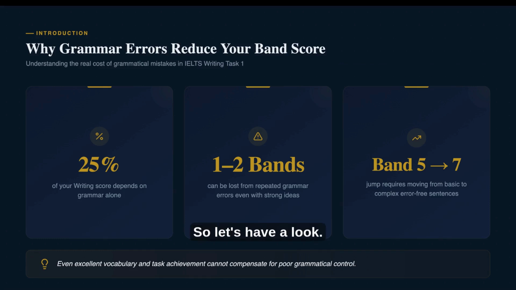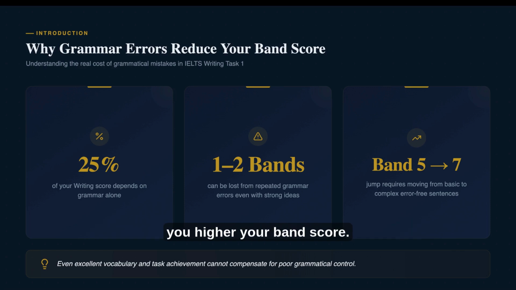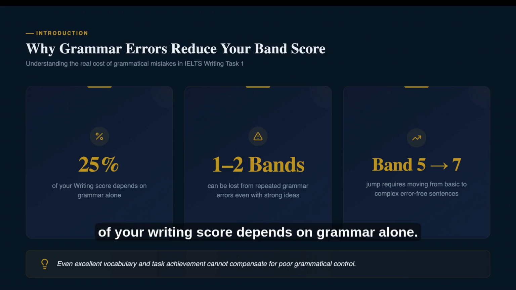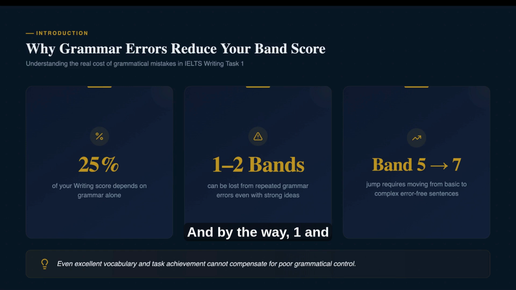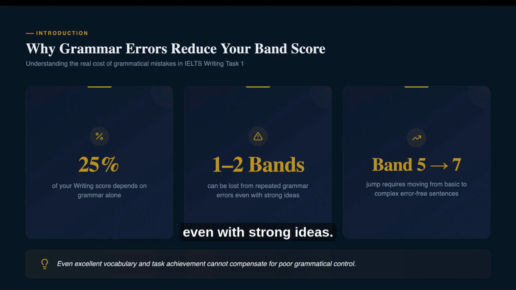All right. So let's have a look at why grammar errors or mistakes reduce your IELTS band score. Again, understanding the real cause of grammatical mistakes in IELTS writing task 1 will help you raise your band score. So, 25% of your writing score depends on grammar alone. And by the way, 1 to 2 bands can be lost from repeated grammar errors, even with strong ideas.